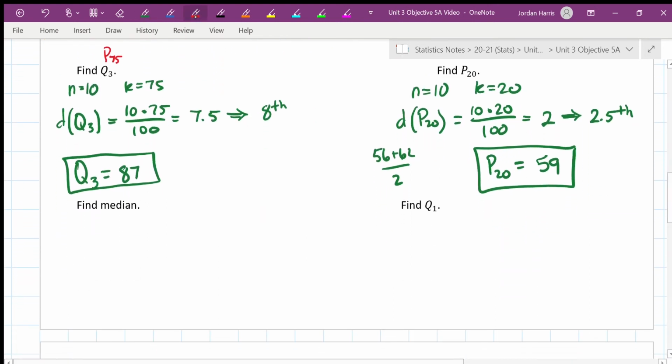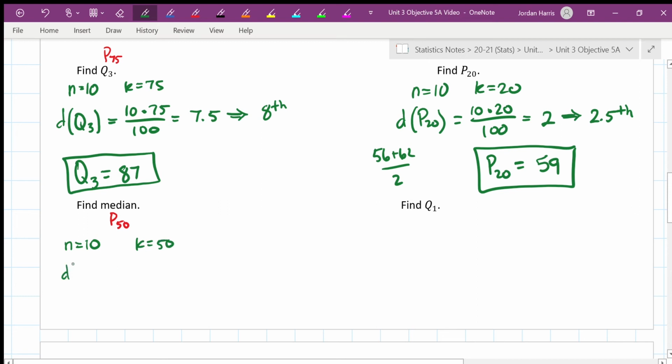Find the median. Okay, remember that the median, or the second quartile, is the 50th percentile. We always need the percentile. So once again, I still have 10 data points. Remember, it depends on the problem. Don't assume it's always 10. That's a mistake people make all the time. We need the 50th percentile.